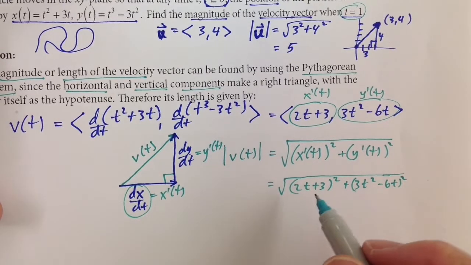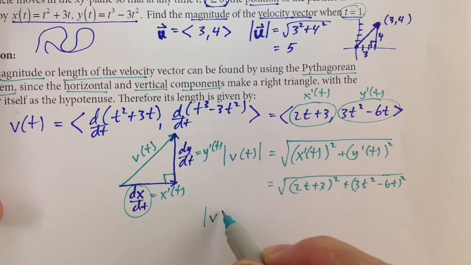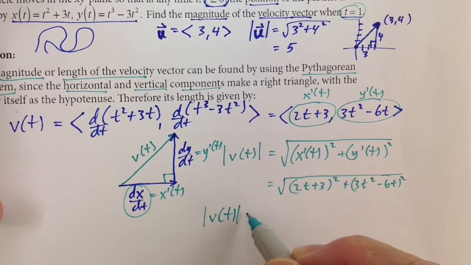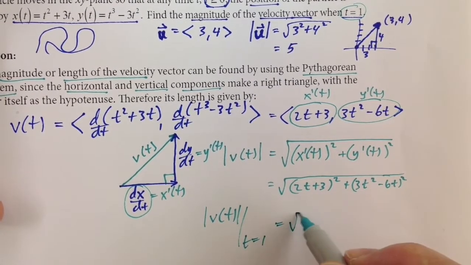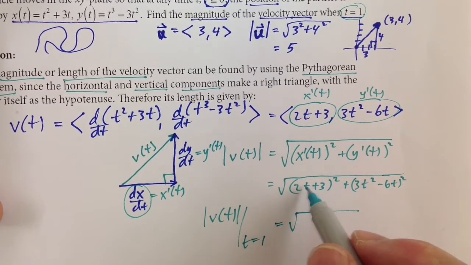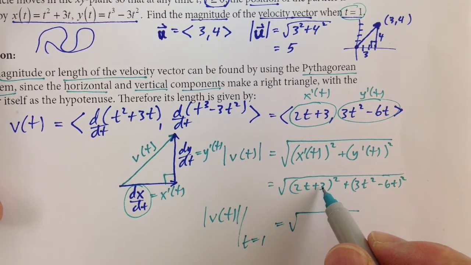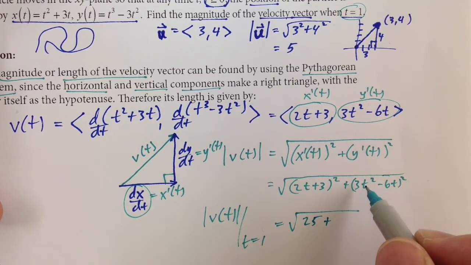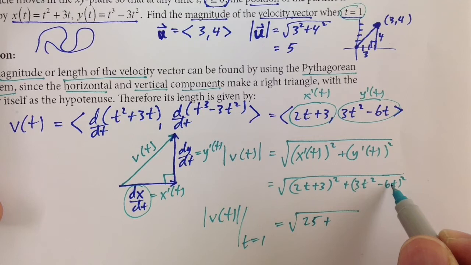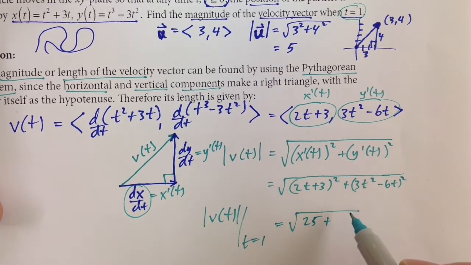So the magnitude of the velocity vector at the time when t is equal to 1 would equal, let's put a 1 in for t, and we have 2 times 1 is 2, 2 plus 3 is 5, 5 squared is 25. A 1 in place of this t over here would be 3 minus 6, negative 3, quantity squared, so negative 3 quantity squared is 9.